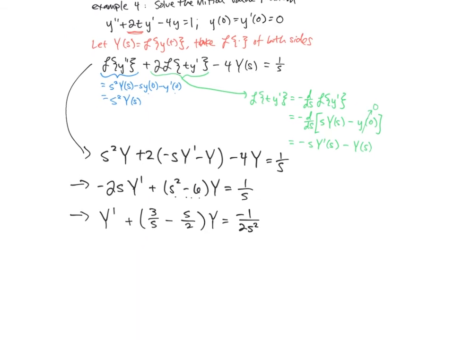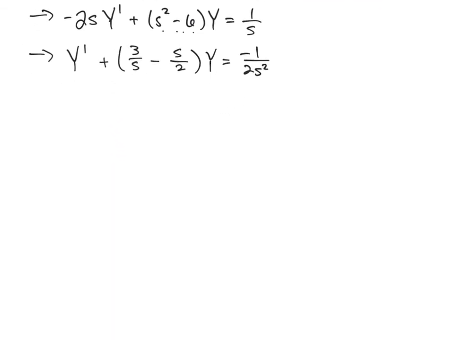So let's shrink up our workspace a little bit and think about how we solve this. Go back to chapter 2, whatever it was, and think about our integrating factor.